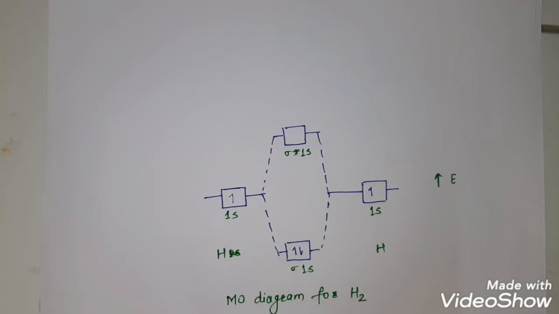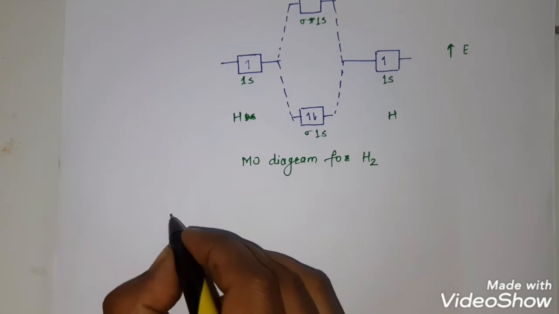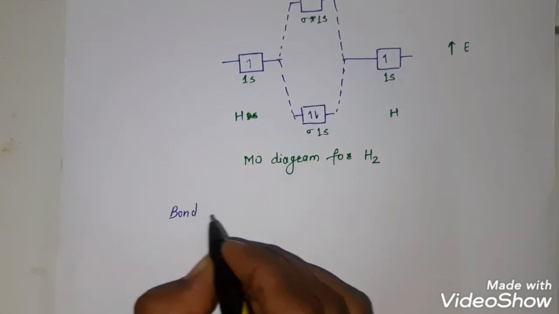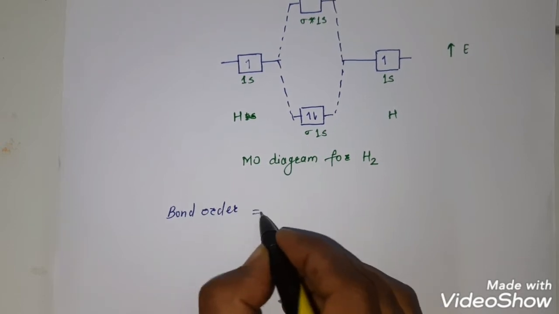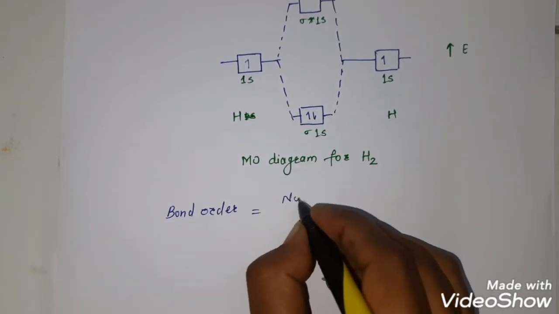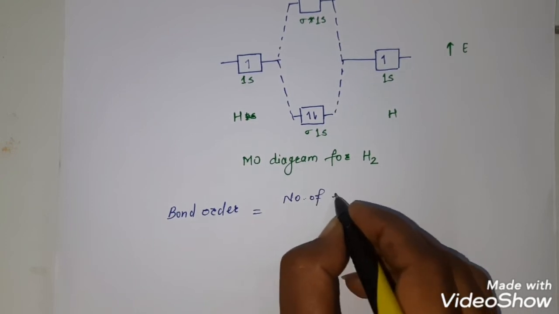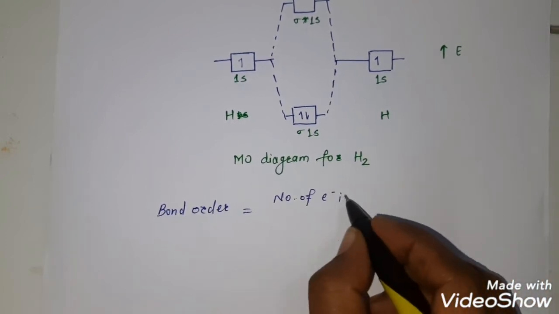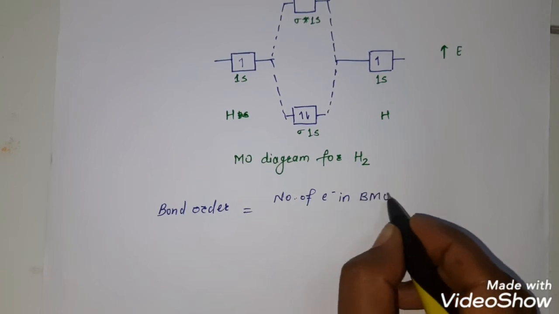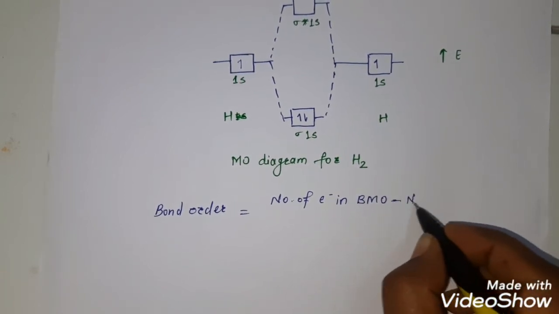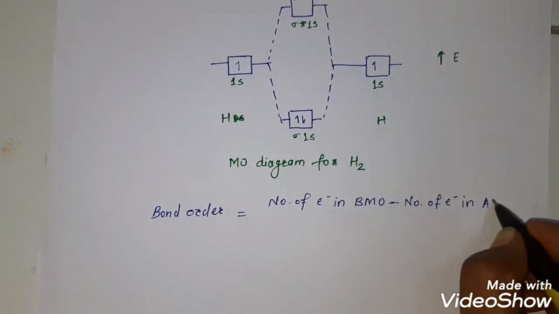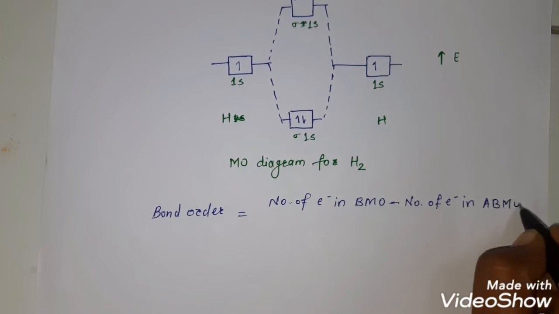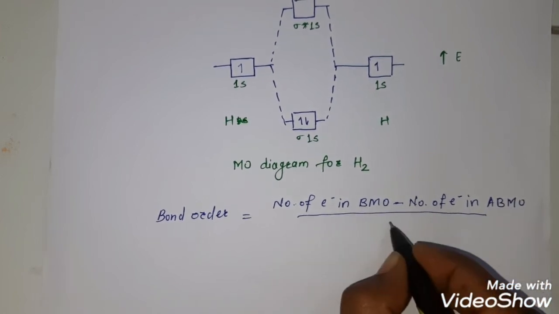Now we can calculate the bond order for the hydrogen molecule. We have the formula: bond order is equal to the number of electrons in bonding molecular orbitals minus the number of electrons in antibonding molecular orbitals, divided by 2.